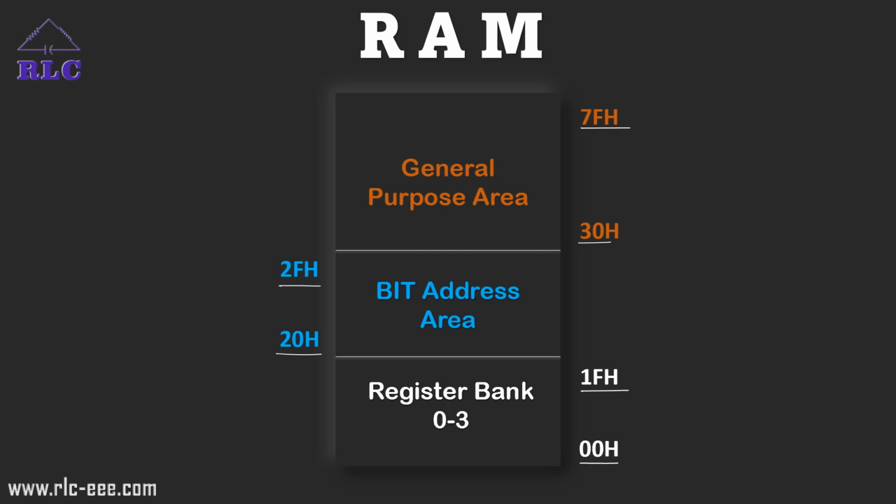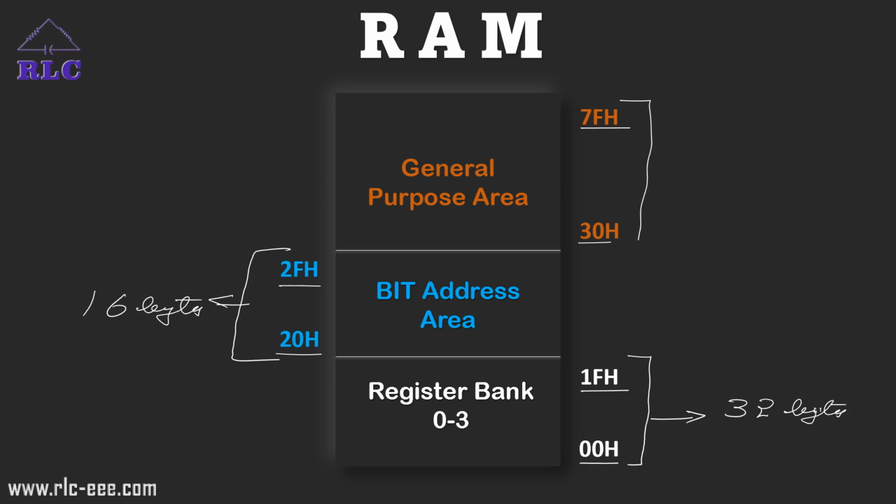That means the register banks occupy 32 bytes, the bit addressable area, from 20H to 2FH, is 16 bytes, and the general purpose area, from 30H to 7FH, is 80 bytes.